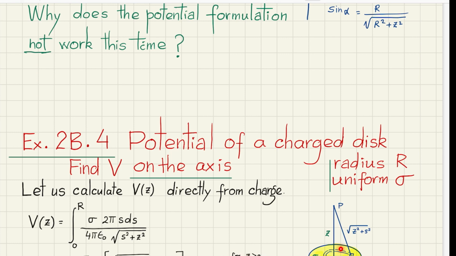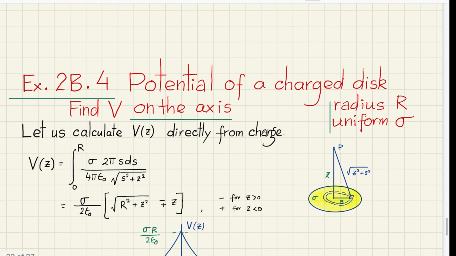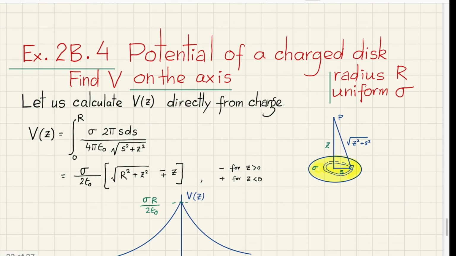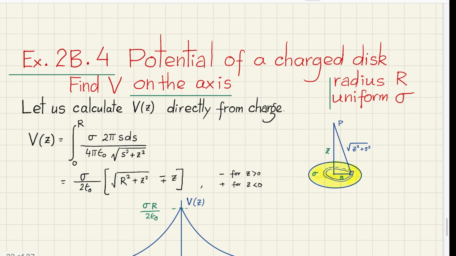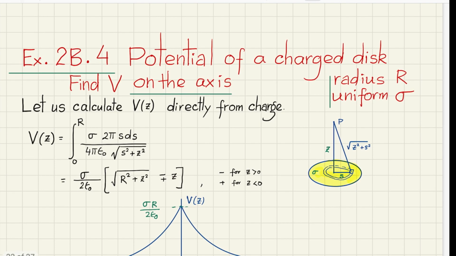Minus z if z is more than 0, and if z is negative, then it is plus z. So how do I plot that? Look at this. V is continuous. In fact, that's a boundary condition that we'll study. V is continuous, but the slope is not. And what is the center? It is sigma r by 2 epsilon naught.